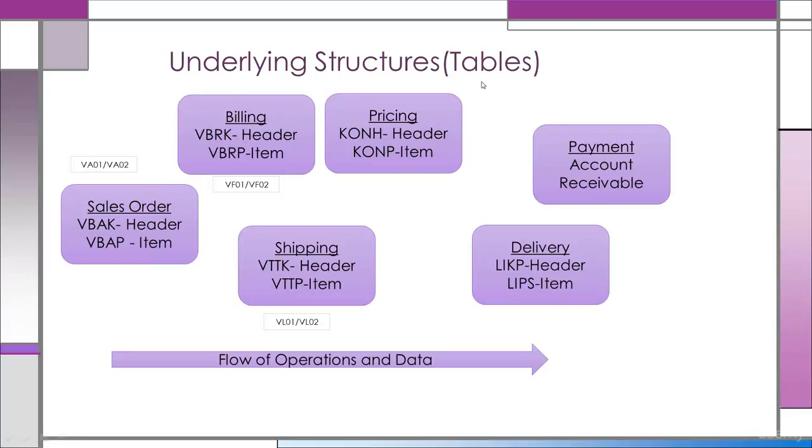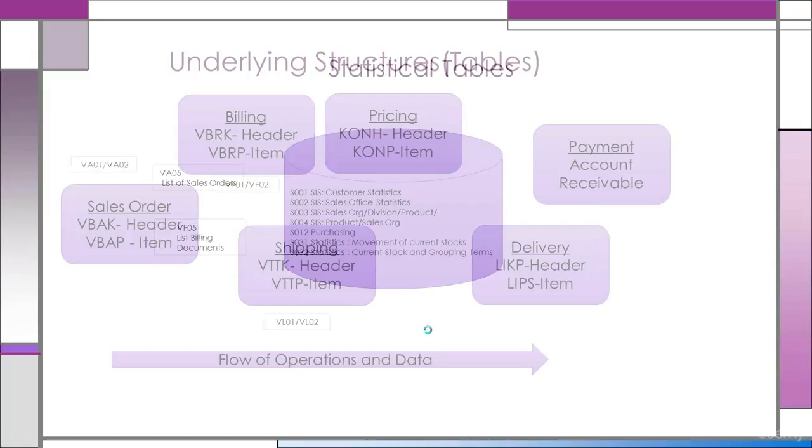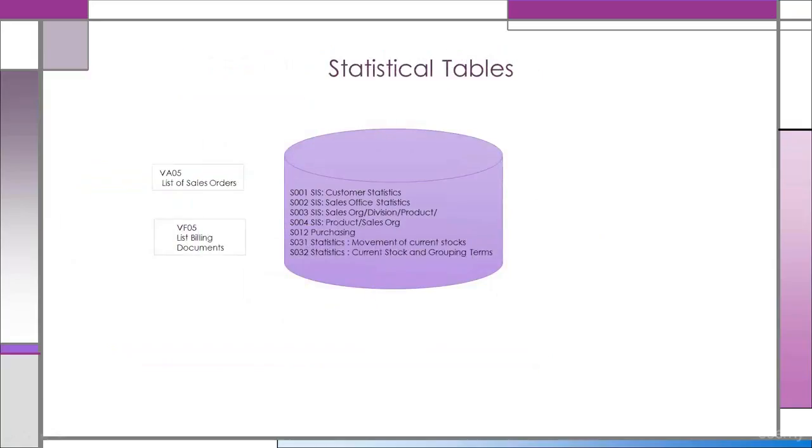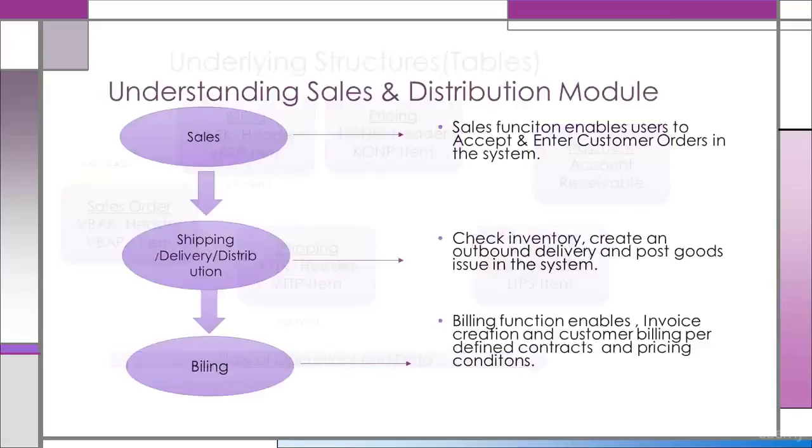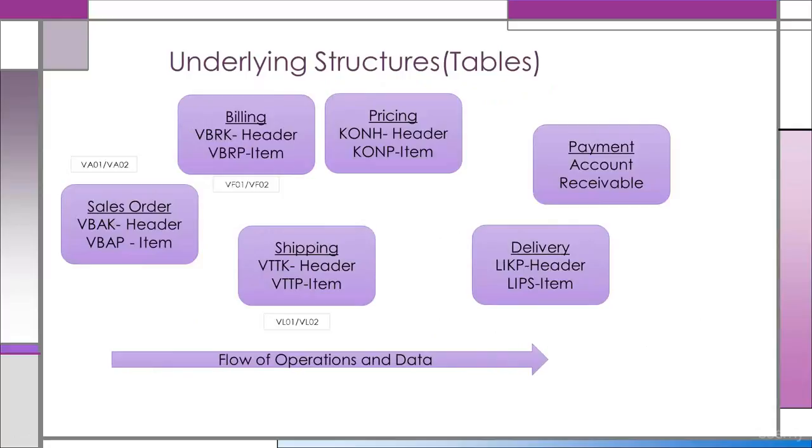So this is the underlying structure, or I would say the tables, where we have all the information regarding sales and distribution. In the previous screen you saw these underlying tables. When a document is posted, or when a sales order is created, the data is stored in multiple places.